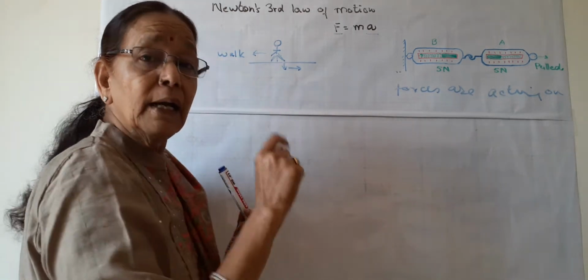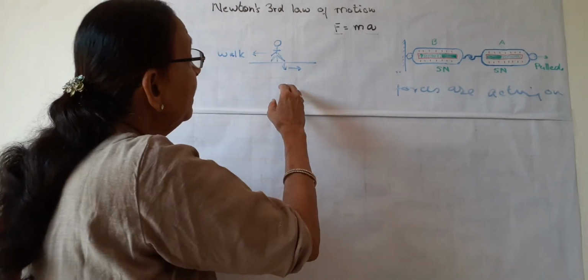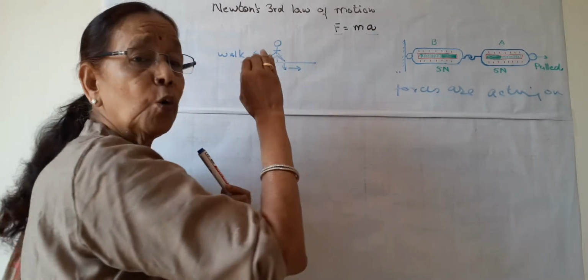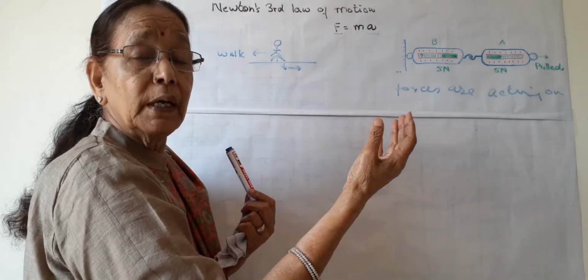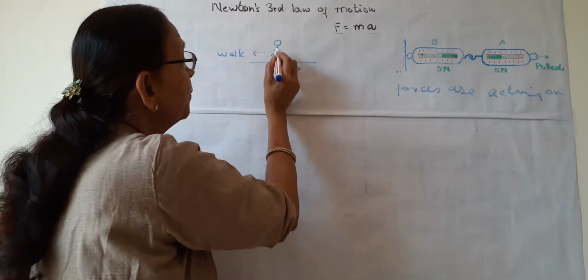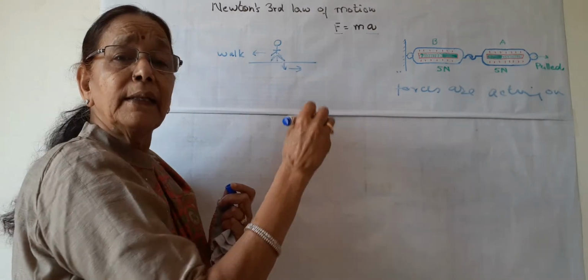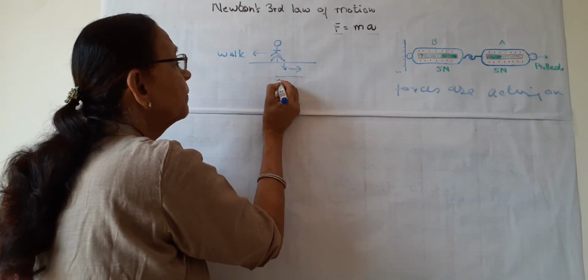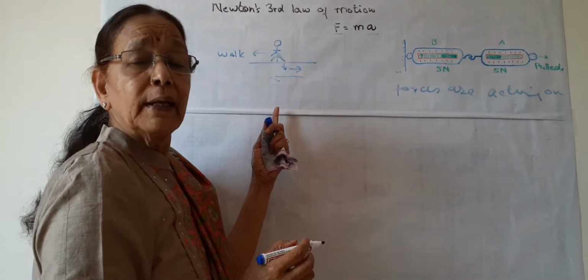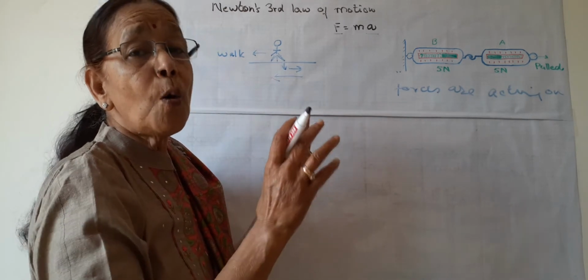So this is the action force. And what is the road doing? In return, the road exerts a reaction force. If the force put by the boy is in the backward direction, then the force of the road will be in the forward direction, and this force will be equal and opposite.